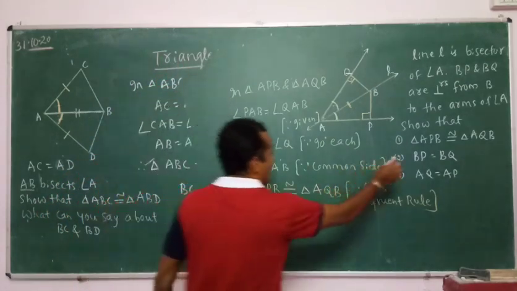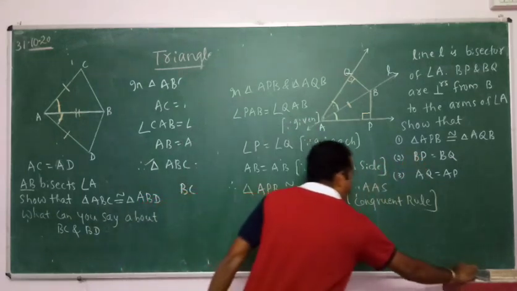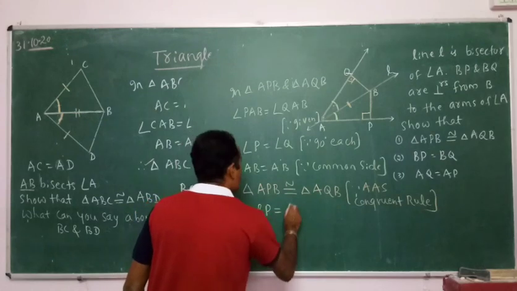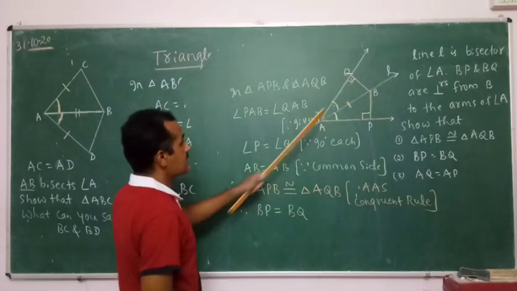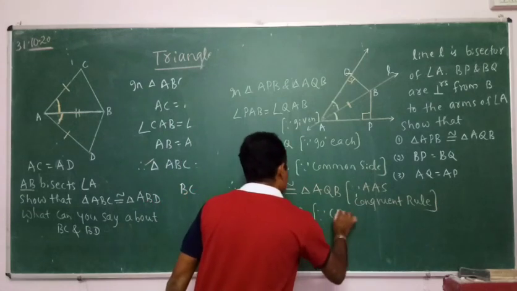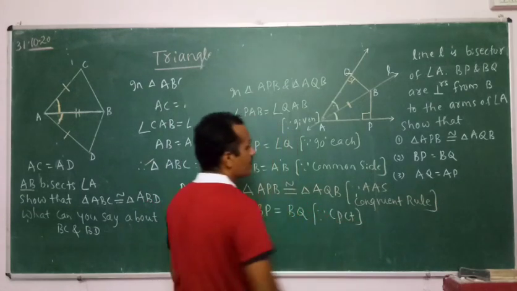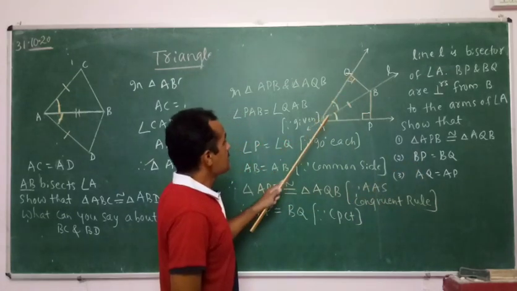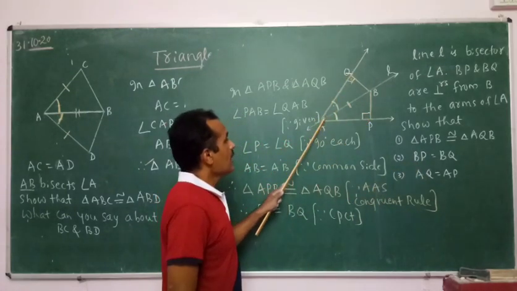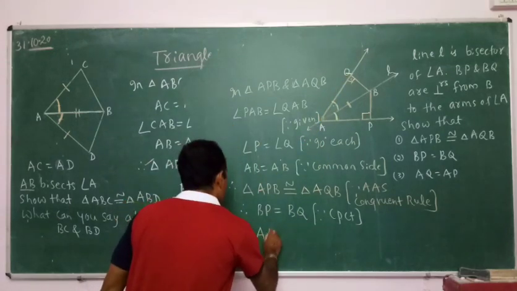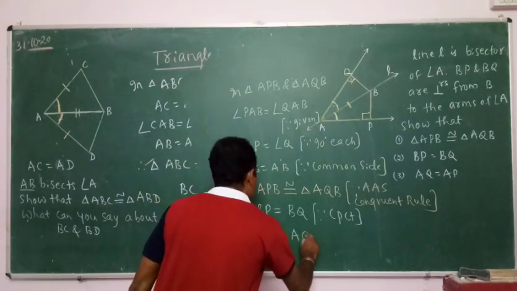Come on, I can write, therefore BP is equal to BQ, because of simplicity. I can write AQ is equal to AP, or AP is equal to AQ.